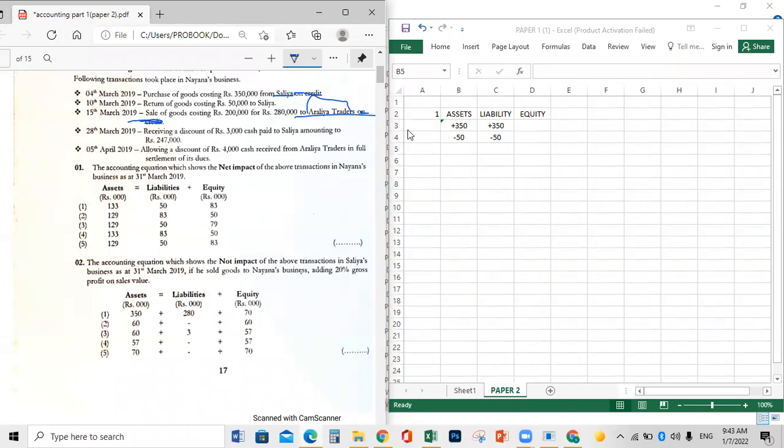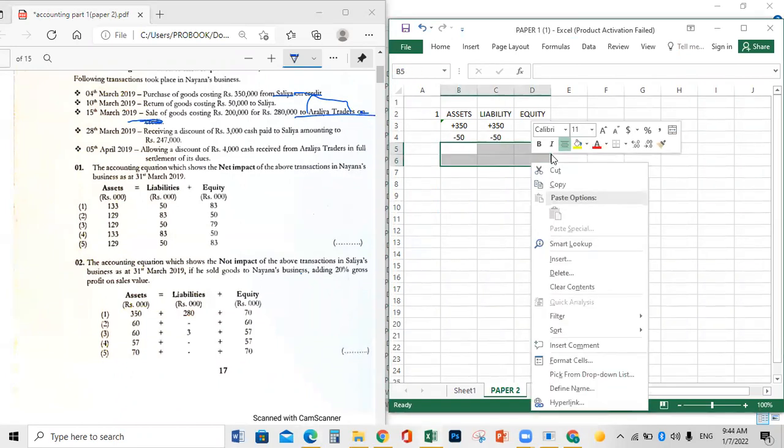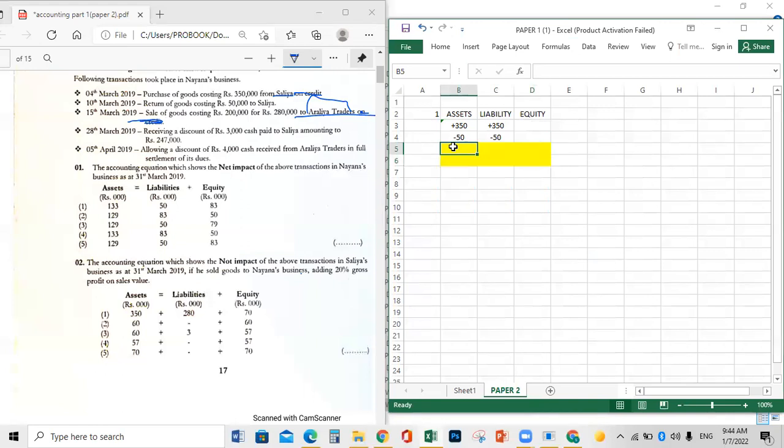Okay, so guys, let's go to the next one. You have sold goods. When you sell goods, what happens? Your inventory reduces. You have to give up your inventory, so the cost of the inventory reduces. That is 200,000.